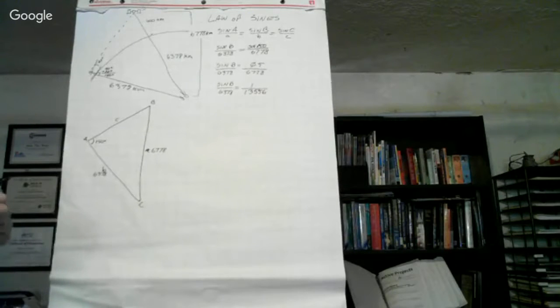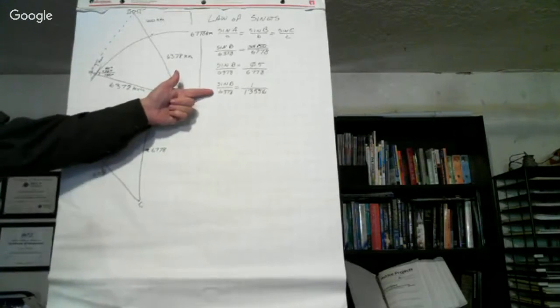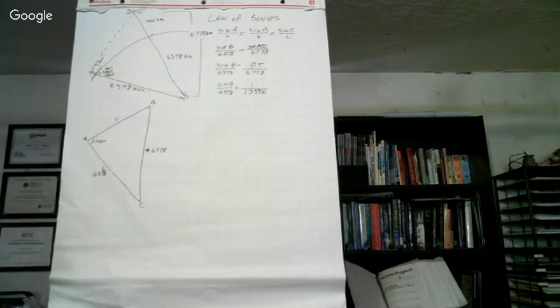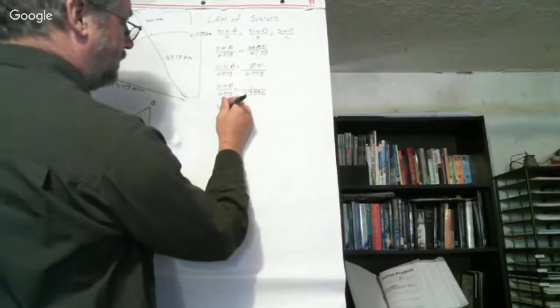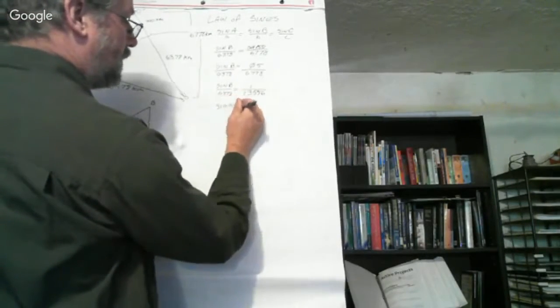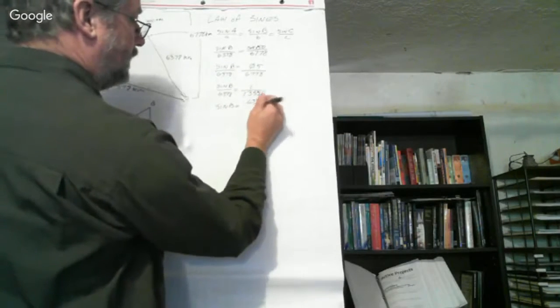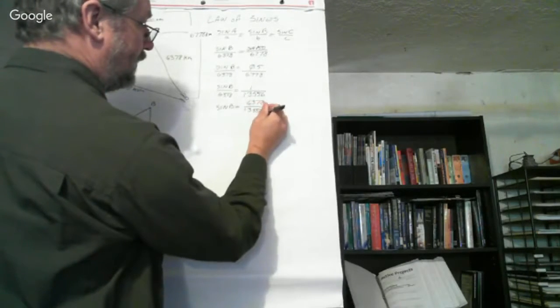Well, for our next stunt, if we multiply both sides by 6378, what do we get? Well, sine B is equal to 6378 over 13556.